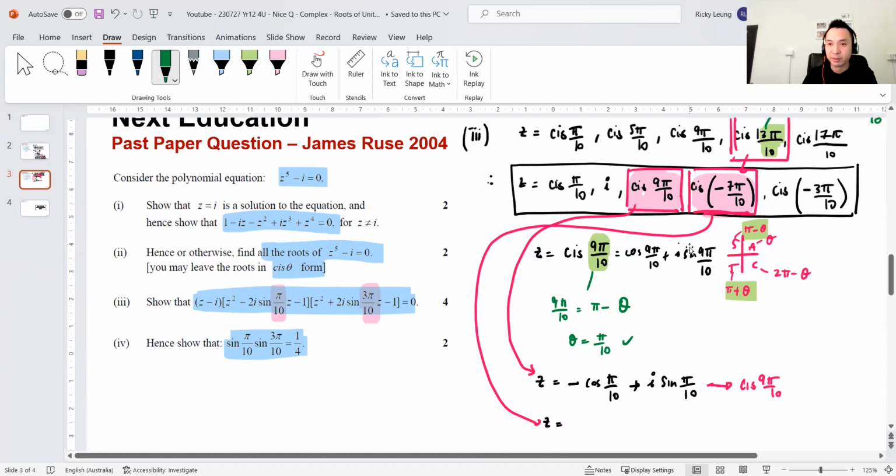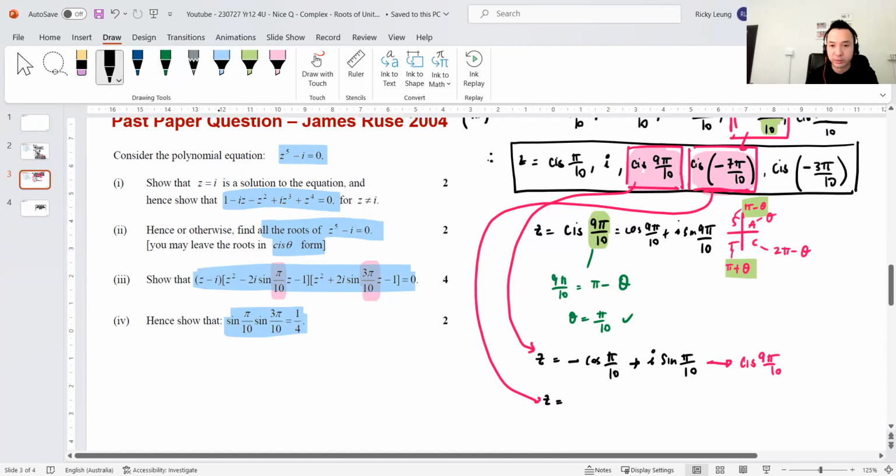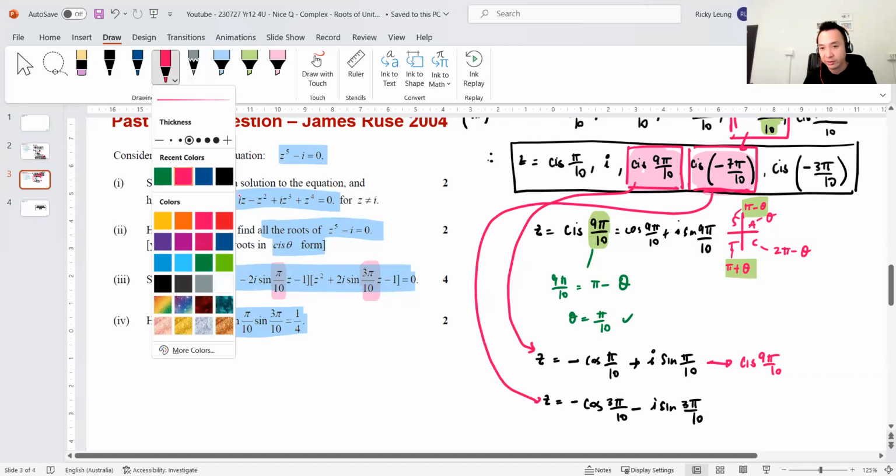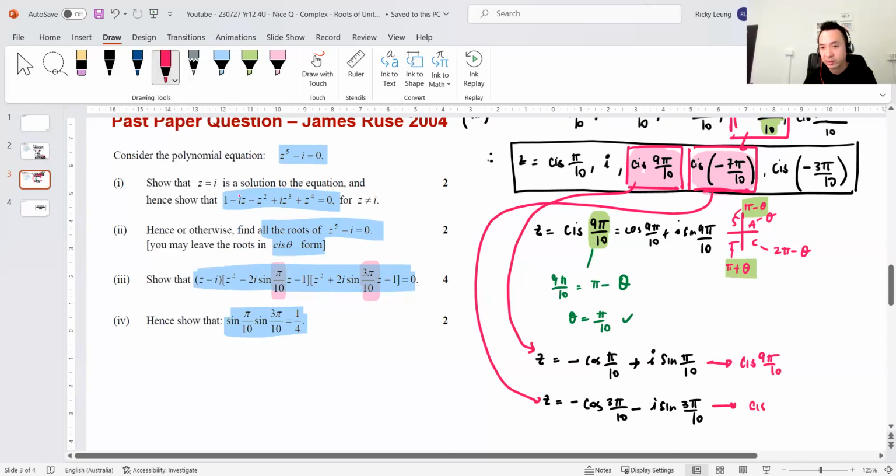All right, now I'm going to use the equivalent value in the third quadrant. In the third quadrant, both cos and sine are negative. So minus cos 3 pi on 10 minus i sine 3 pi on 10. And that is the equivalent value to cis 13 pi on 10, which was cis minus 7 pi on 10.